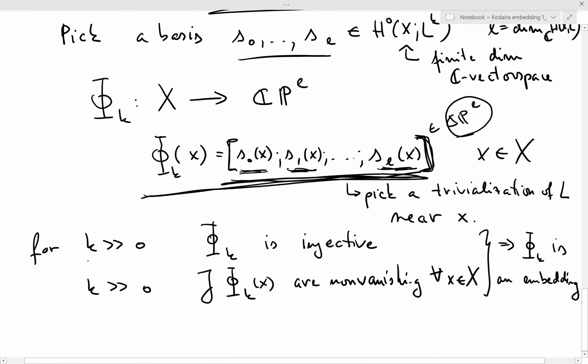Then what we will show is that for high enough k, phi k is actually injective. And then for high enough k, all the Jacobians at every point will be non-vanishing. What we will see is that it's actually possible to replace the injectivity and the non-vanishingness of the Jacobians in terms of properties of these sections. And then again, the positivity of the line bundle will do all the magic.